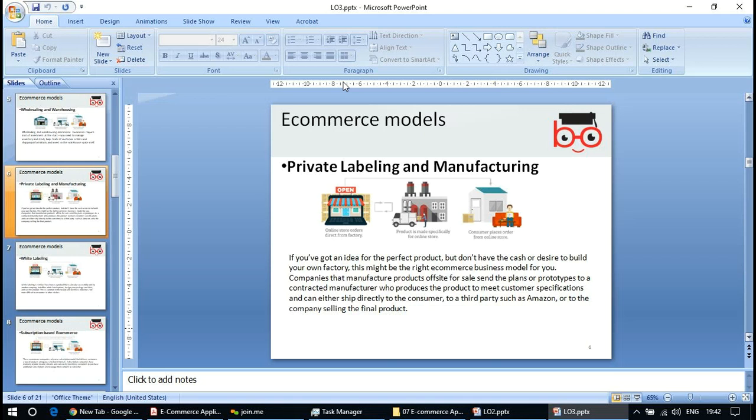Obviously, they cannot have a factory here, and they cannot control the quality, but they contact manufacturers, and they do the production with their name, and obviously the quality would be agreed. So that's a business model. You are a popular blogger and you have hundreds of thousands or millions of viewers, and you get the advantage from it.